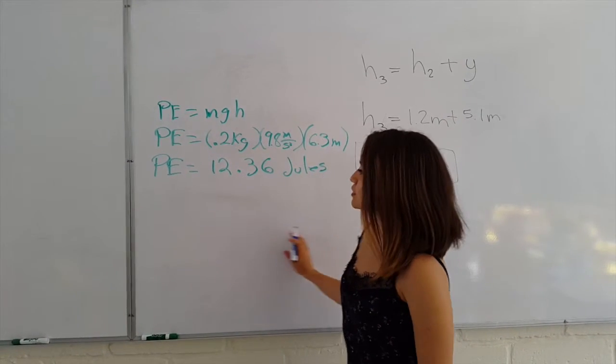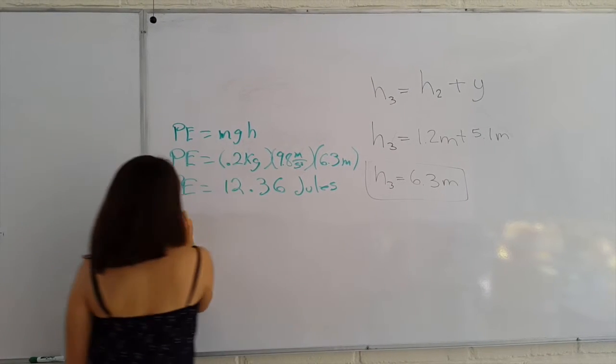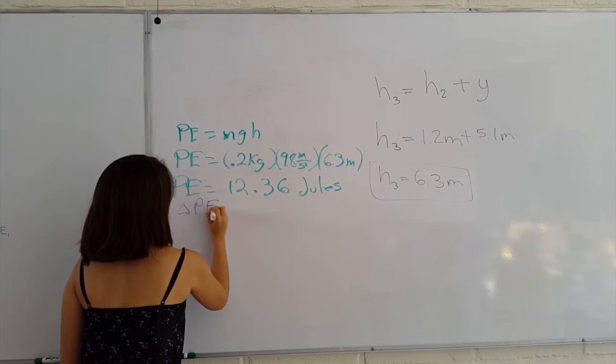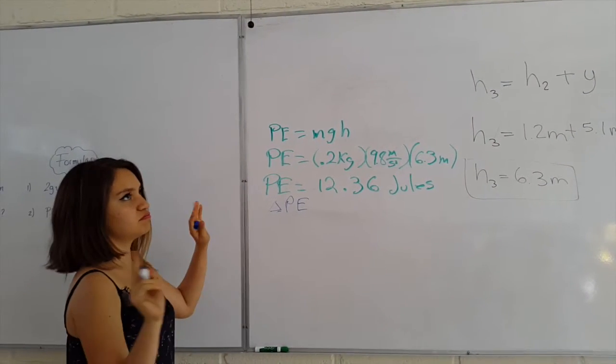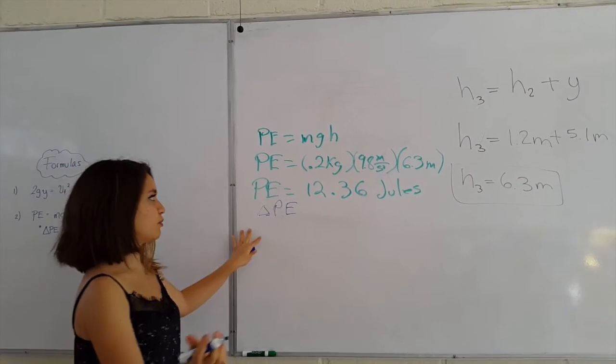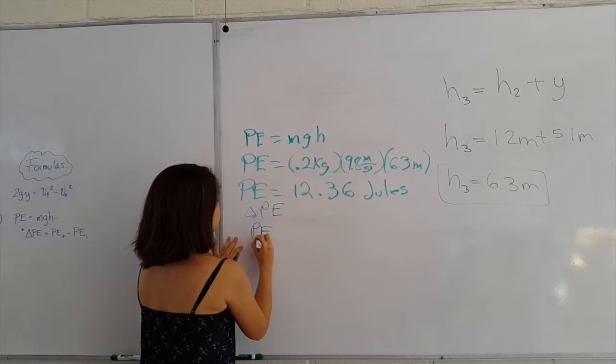Okay, we're asked to find the change in the potential energy, which is delta PE. But in order to find this, we need to find the other potential energy value, the initial.